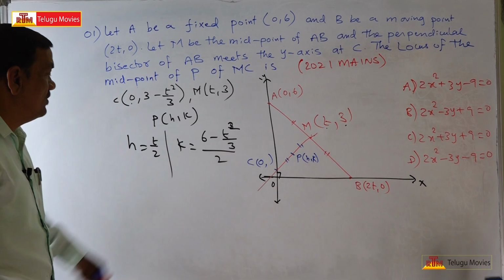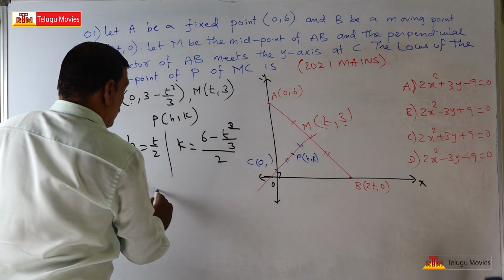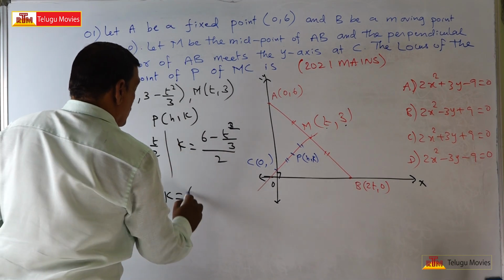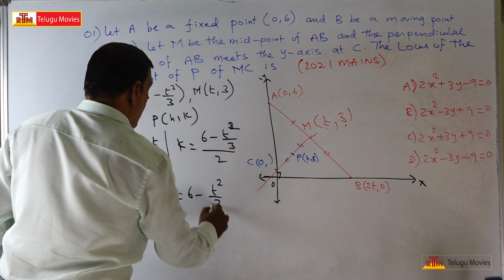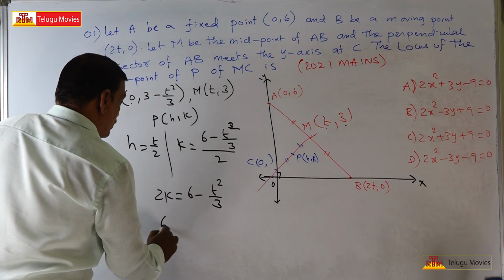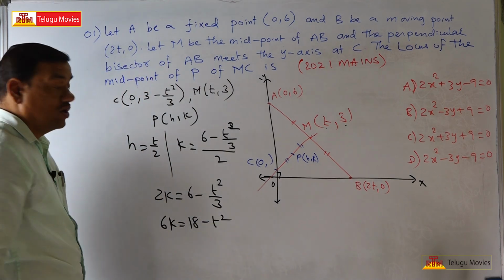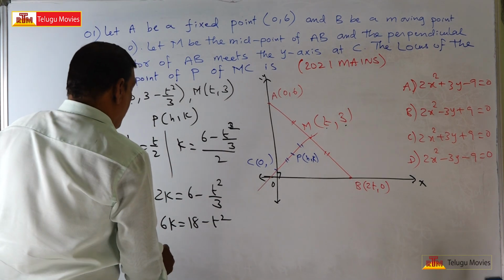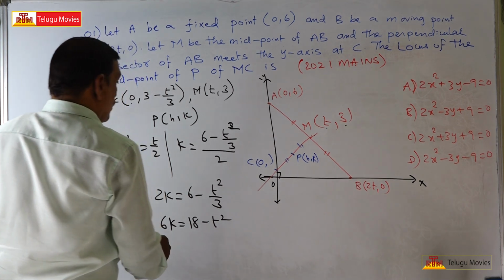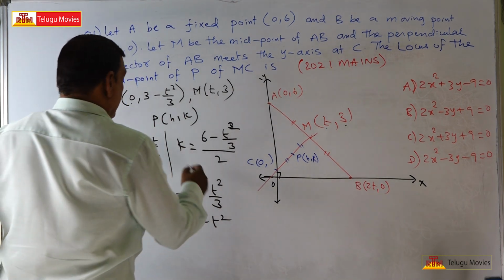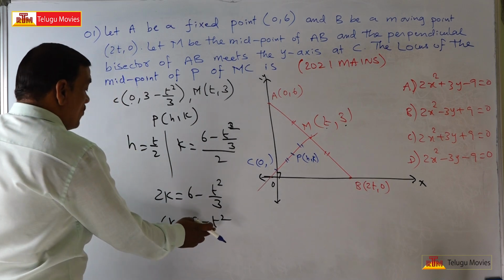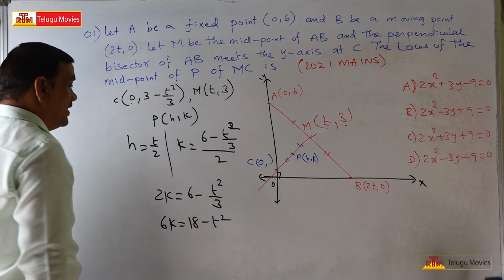Now, from this you calculate 2k is equal to 6 minus t square by 3. So, 6k is equal to 18 minus t square. Here in place of t you can write 2h.